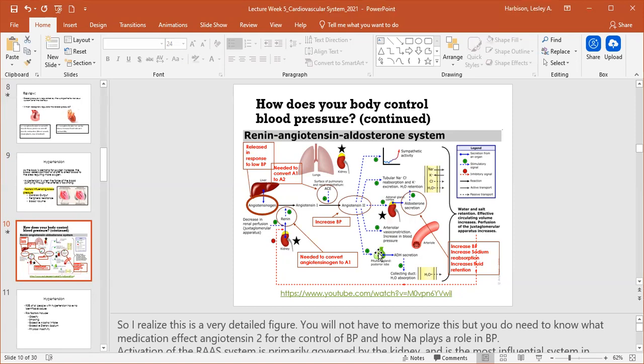So per these medications that we were talking about last Thursday, one of them is called an ACE inhibitor. It inhibits ACE from binding. Therefore, it won't make angiotensin 2, and you won't have these results that end up with higher blood pressure. So in that case, it will end up lowering blood pressure.